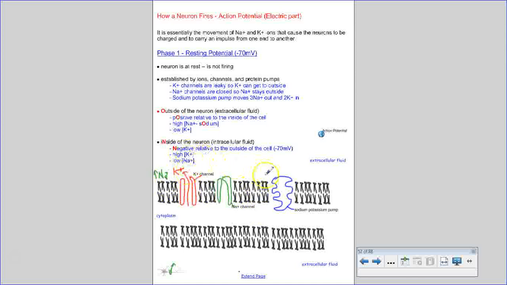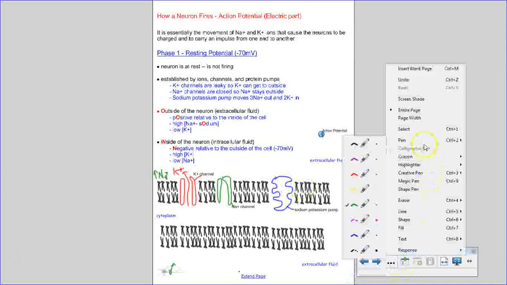Because these potassium ions help to drive the sodium potassium pump. As a pump, it's going to take ATP too. Okay, it's going to take energy to make it work.